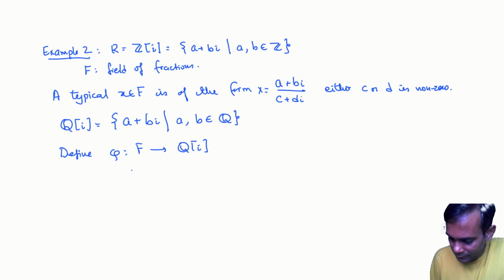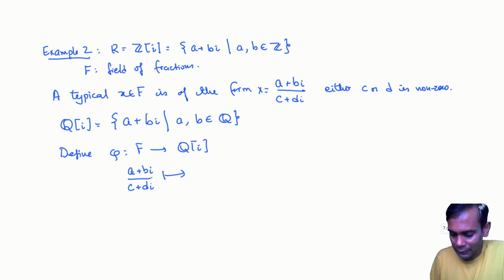So I'll take this thing (a plus bi) over (c plus di) and map it to something of the form a rational number plus i times another rational number. It's sort of motivated by trying to express this fraction as a complex number, which will turn out to have rational real and imaginary parts.